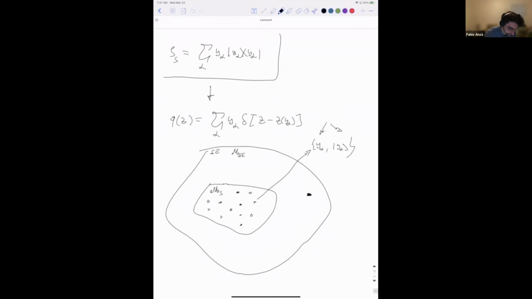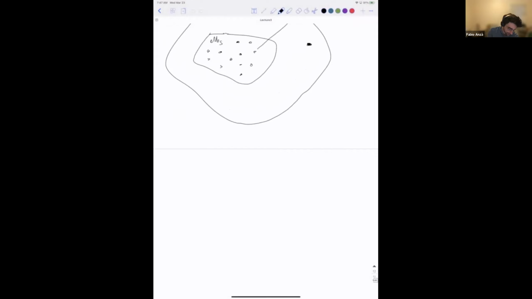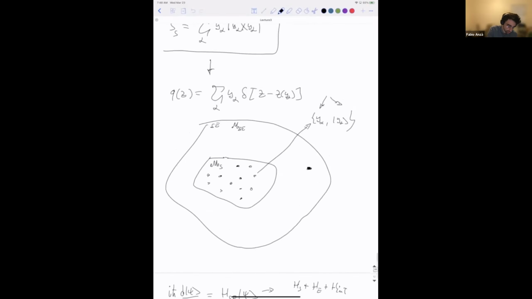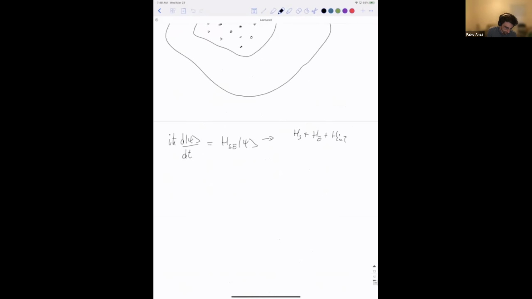And now, obviously, and this is one of the interesting things that I'm trying to build, if your global system evolves unitarily, which means that there is a global Schrödinger equation, then you can decompose this into its local parts, which are H system plus H environment plus their interaction. And you can try to extract an equation of motion for Y alpha and Z of Y alpha, let me just call it gamma alpha of t, from this.